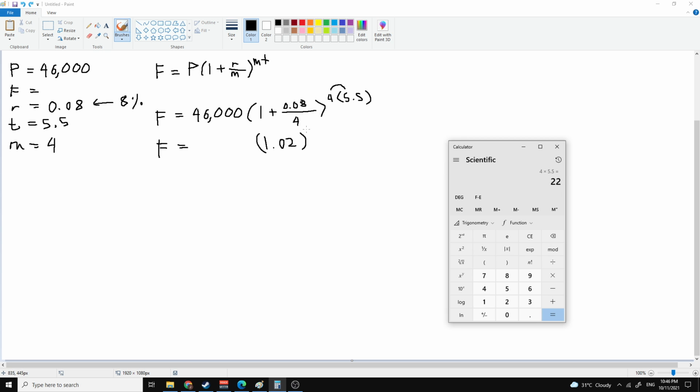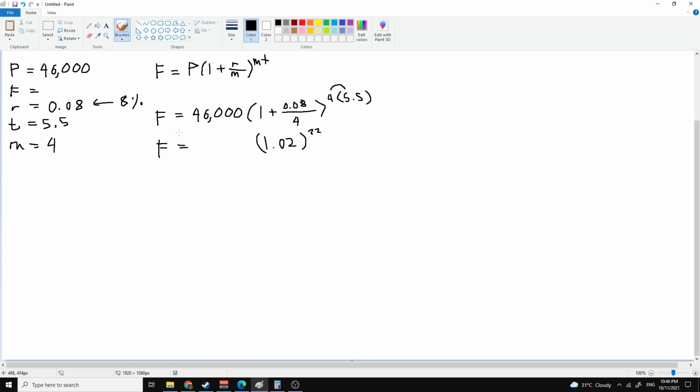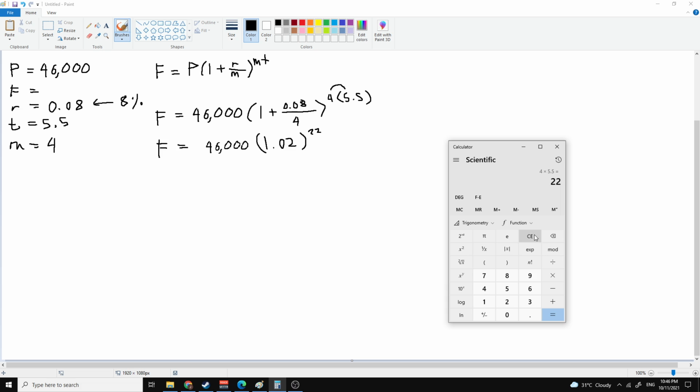So 22. Okay, that's 22. All right. So 1.02 to the power of 22.